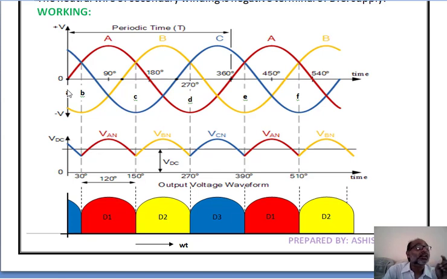Now at point A you can see the value of A phase or R phase is 0, and the value of Y phase or B phase is negative, and the value of B phase or C phase is positive.